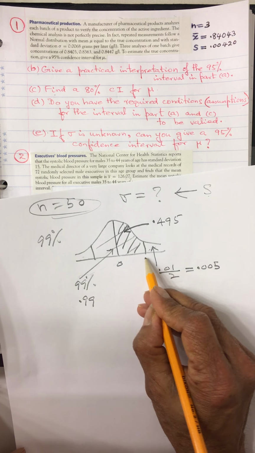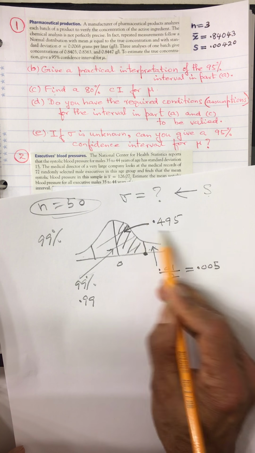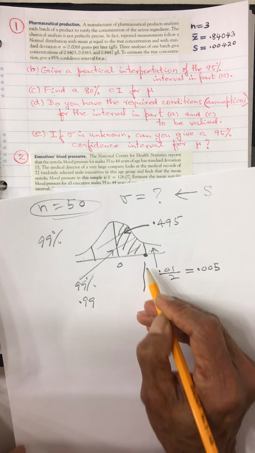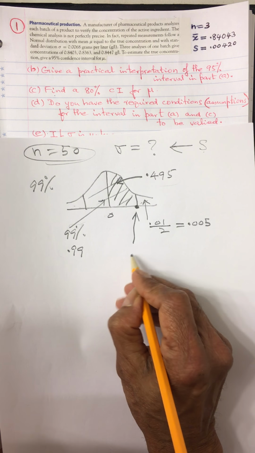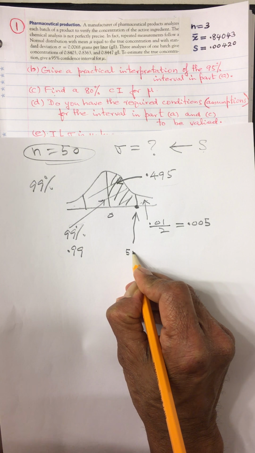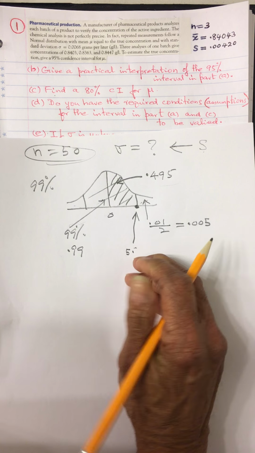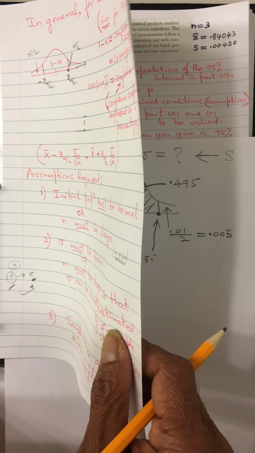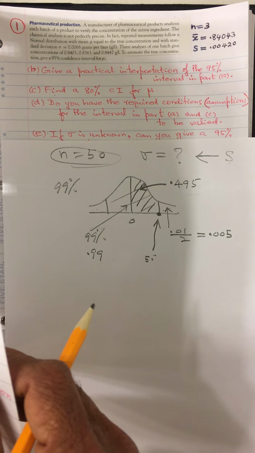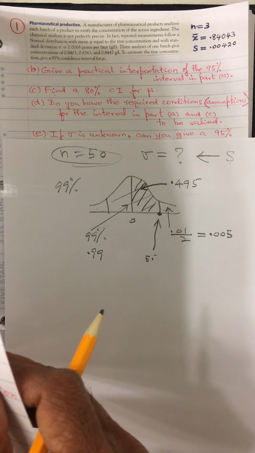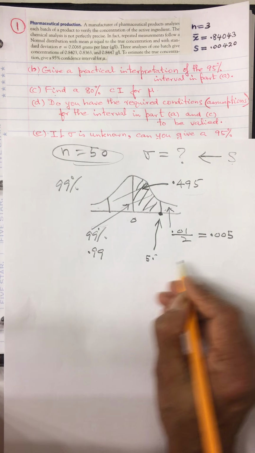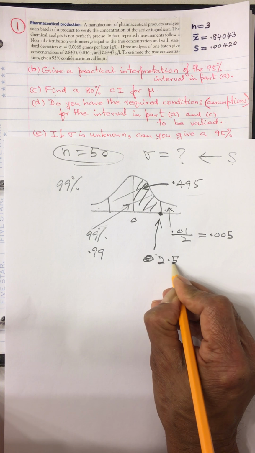If you look at this value, either right here or right there, it lands inside the Z table in between precisely two values, 2.57 and 2.58. So I'm going to take the average, 2.575.